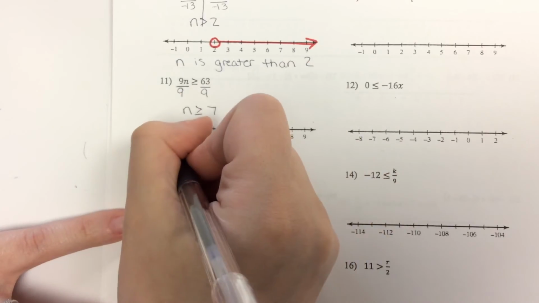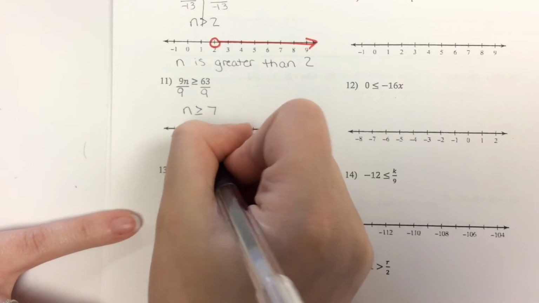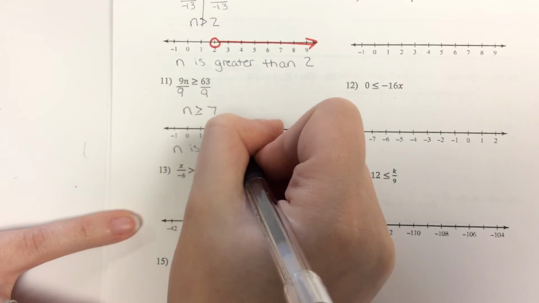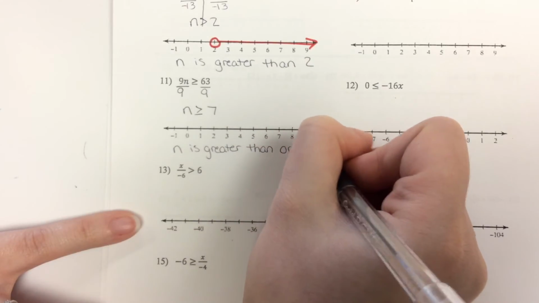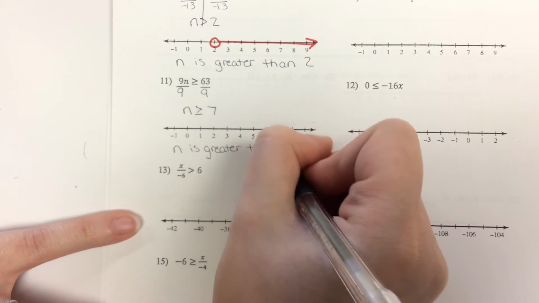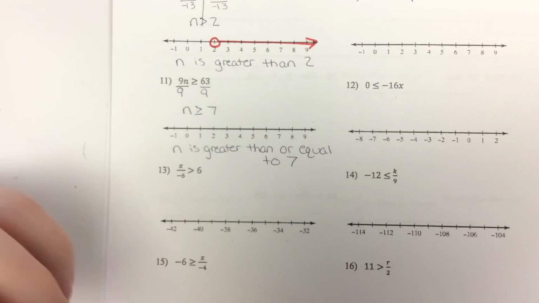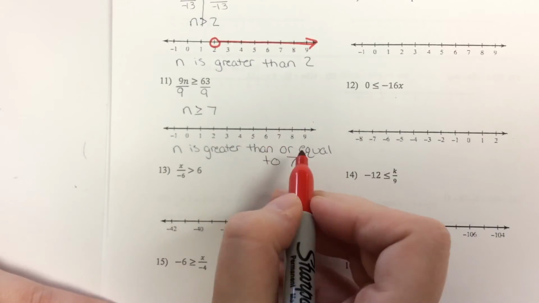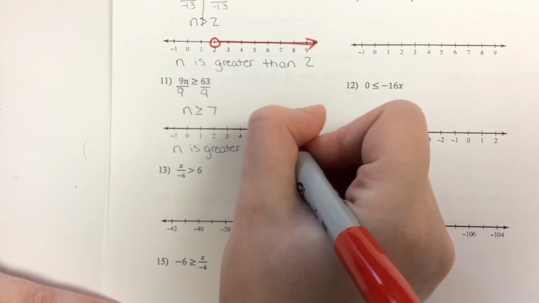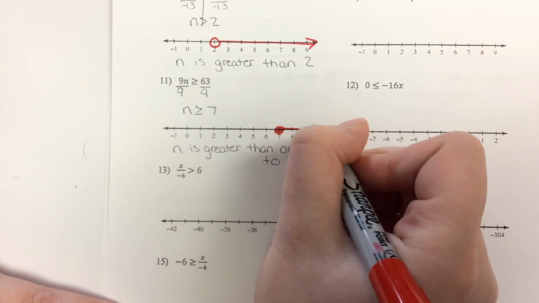Write it as a sentence: n is greater than or equal to 7. Then we'll graph. We need to find 7, it's right here. Greater than or equal to, so that is a closed circle, and greater than goes in that direction.